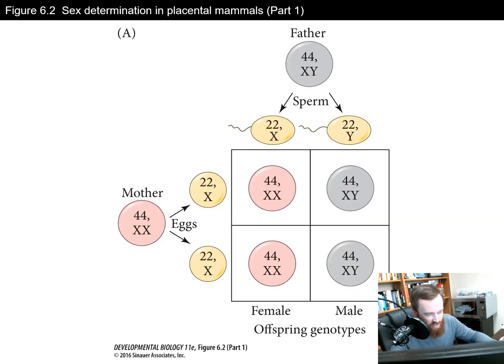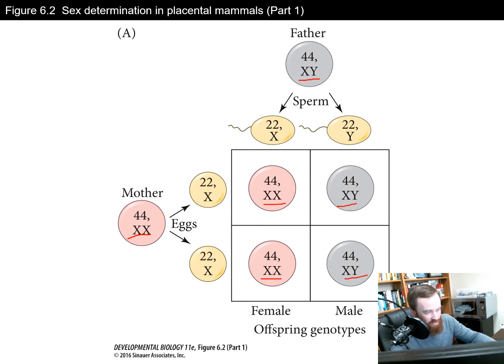So as you know from general biology and just your general knowledge from your experiences, mammalian chromosomal sex determination is where we have XY that become males and XX that become females. And because humans are diploid organisms and they have two of each chromosome, this results in a 50-50 ratio of females and males.